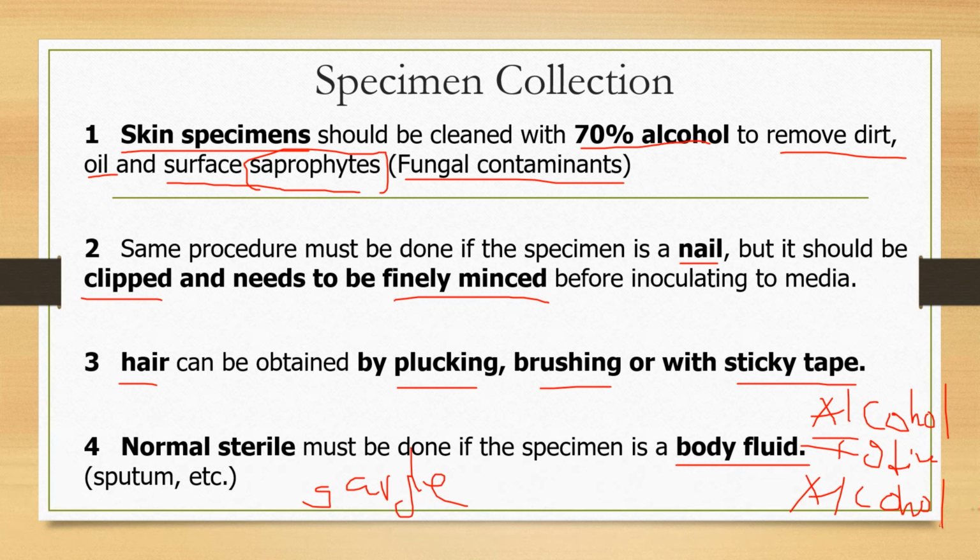It's the same procedure as if you're trying to collect blood samples. Diba, if may request ng blood CS, you need to clean it like that: alcohol, betadine or iodine, then alcohol. So, same with all collection of body fluids, you need to clean it like that.